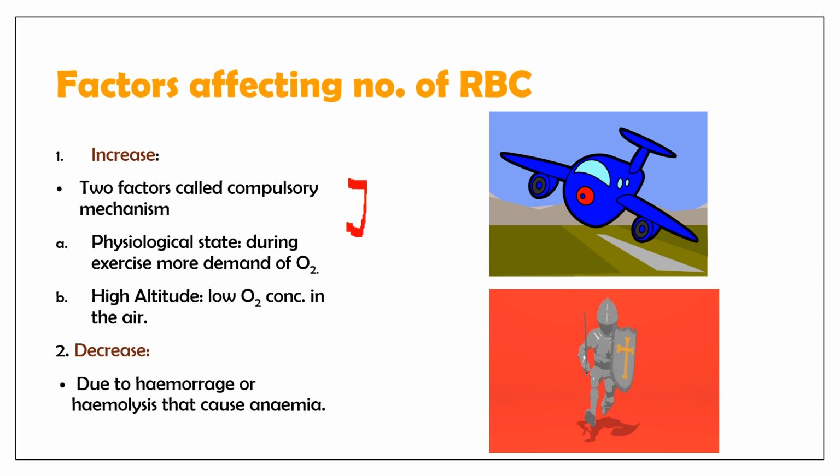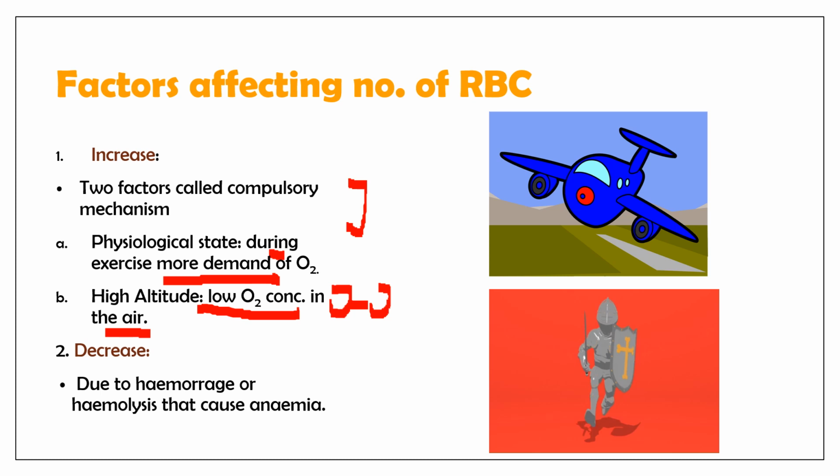When we perform any exercise, the demand for oxygen increases, and hence the number of RBCs also increases. And at a higher altitude, the oxygen concentration decreases, and for that reason RBCs are created in greater numbers.